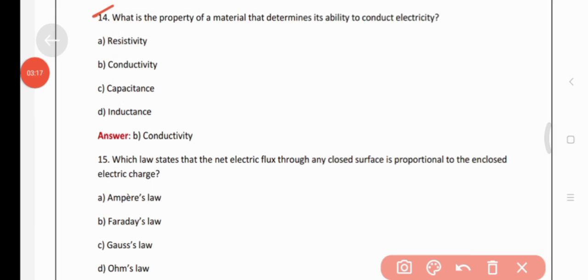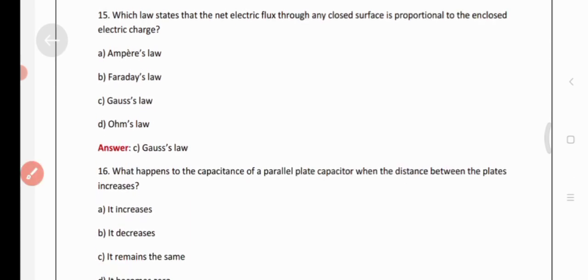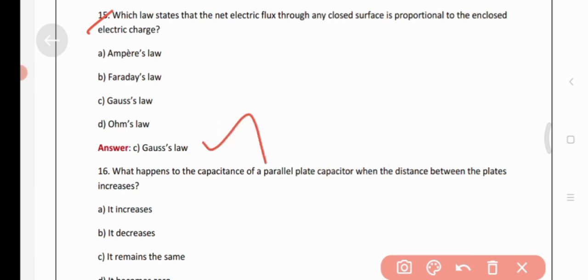What is the property of a material that determines its ability to conduct electricity? Option B, conductivity. Which law states that the net electric flux through any closed surface is proportional to the enclosed electric charge? Option C, Gauss's law.